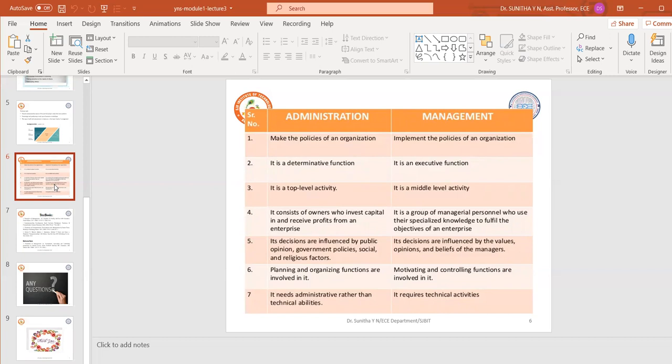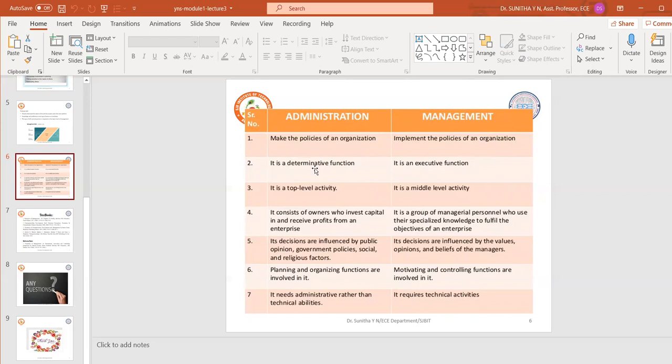He is supreme and has higher power. Whereas a manager implements those policies of the organization. Whatever policies are made by an administrator, here they are just followed. Those policies will be implemented by a manager.